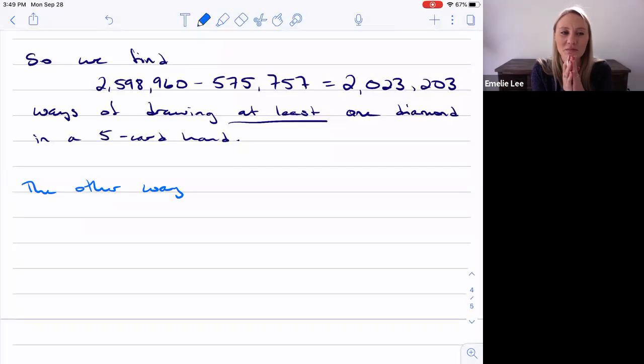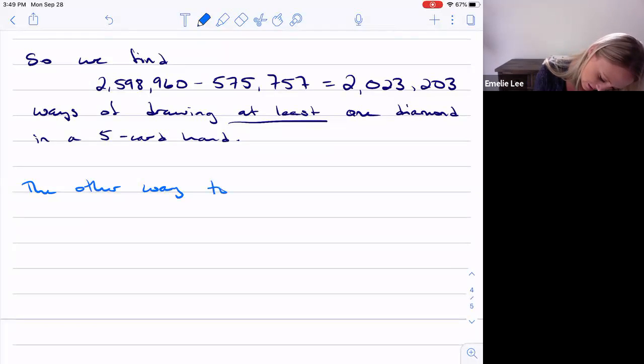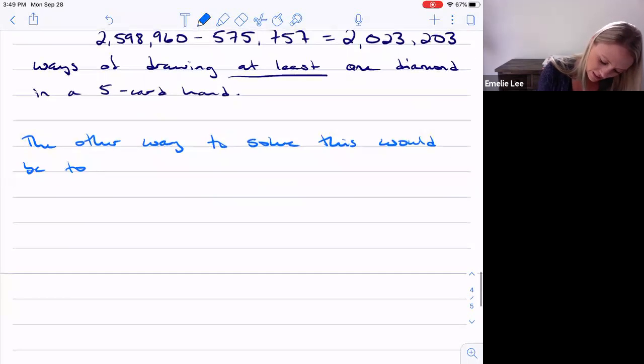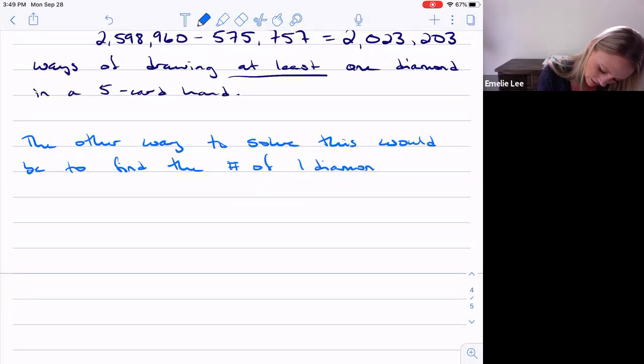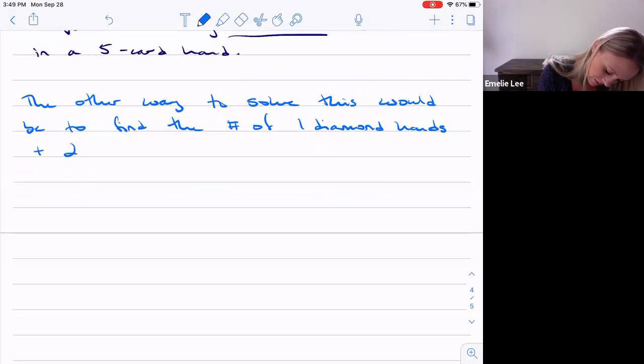Using real cards, real application. So the other way to solve this would be to find the number of 1 diamond hands plus 2 diamond, probably 52.